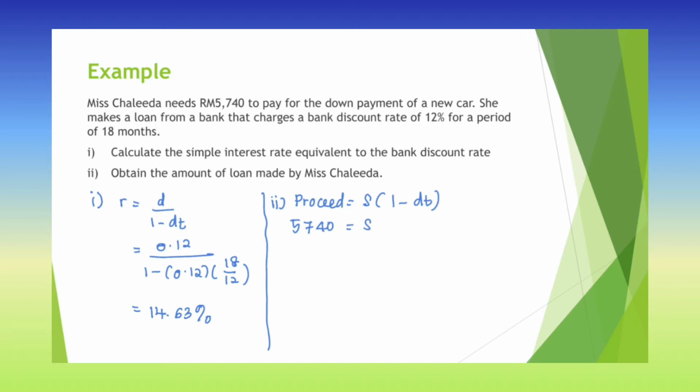S is the amount of loan. D is 0.12. T is 18 over 12. Therefore, the amount of loan S equal to RM 7,000.